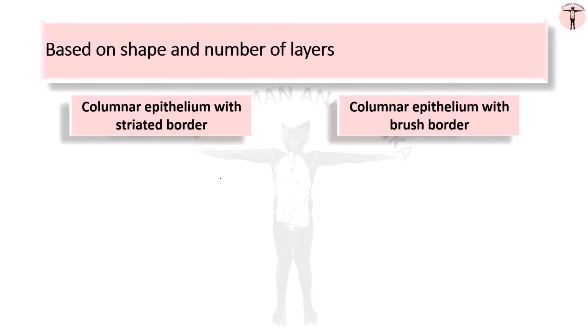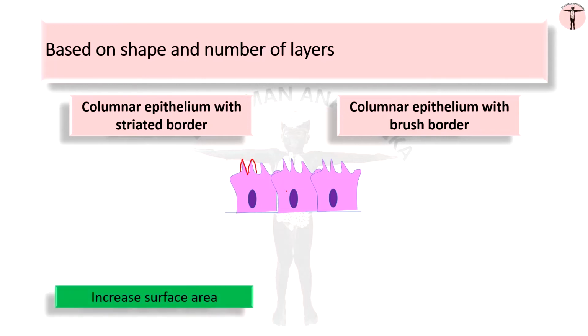Okay, so in the columnar epithelium with striated border and brush border, the apical surface is thrown into folds. The cell membrane is thrown into folds. These folds are called the microvilli. The microvilli increase the surface area for absorption.